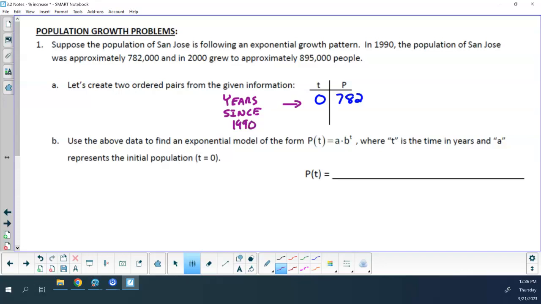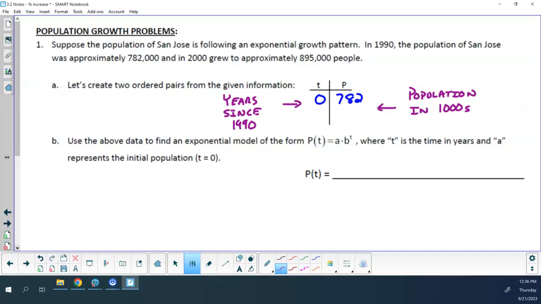And if we do that, then our P is going to be population in thousands, because we dropped off the 3 zeros at the end.